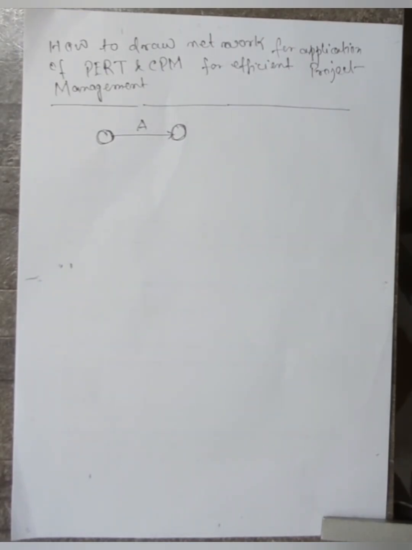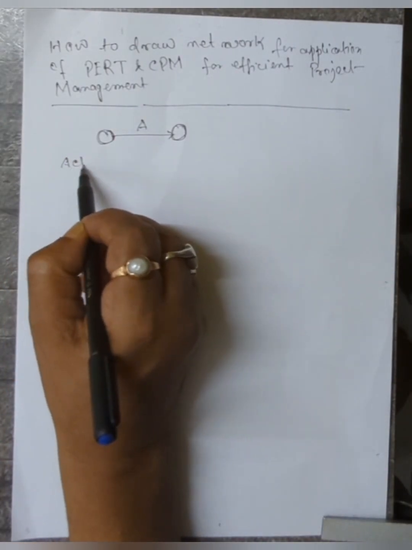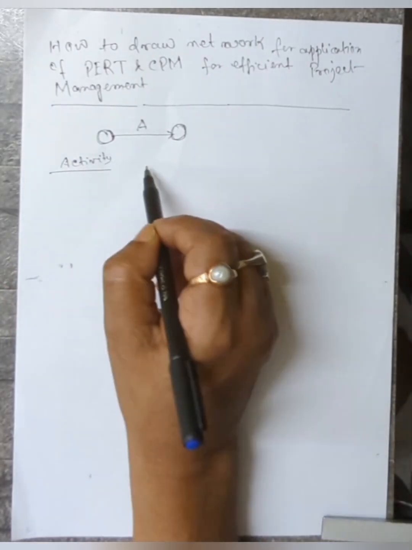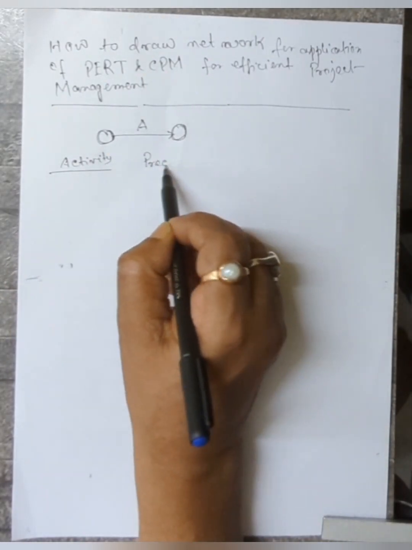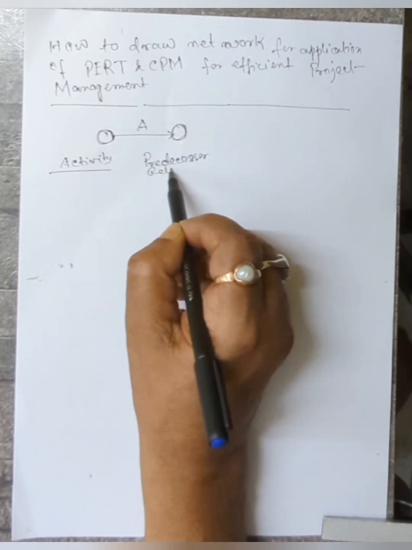It is better to understand a small problem and then slowly we'll discuss how to draw the complicated networks. Okay. Now, the problem is activity for a project, and these are the predecessor relationship.